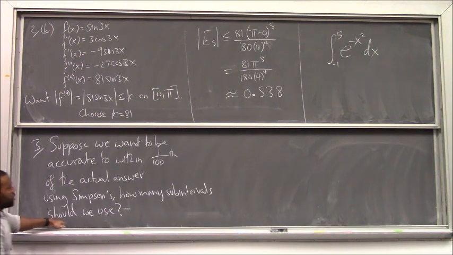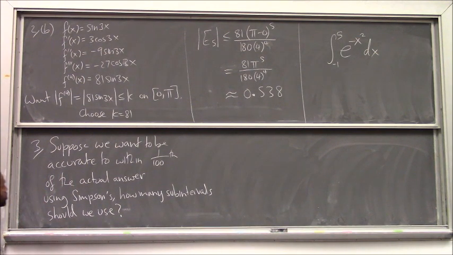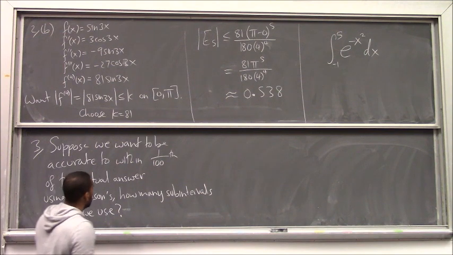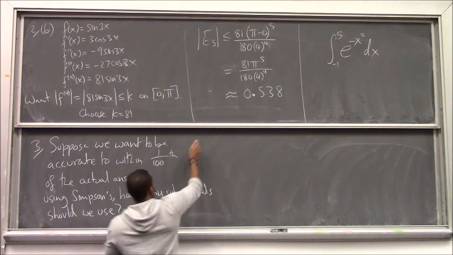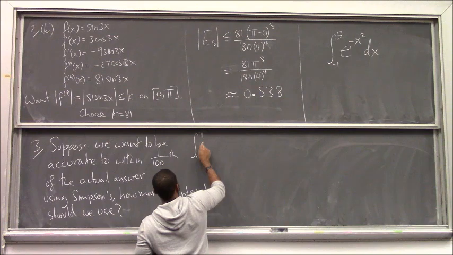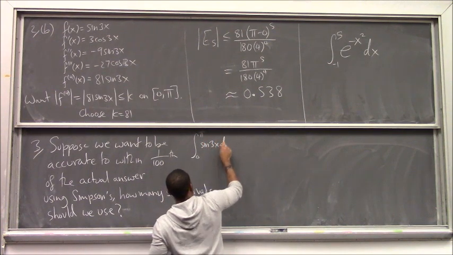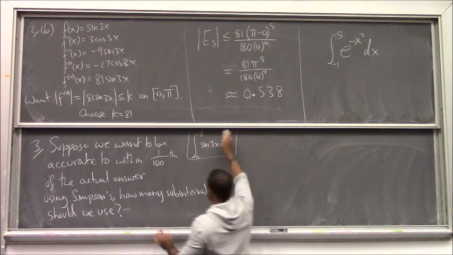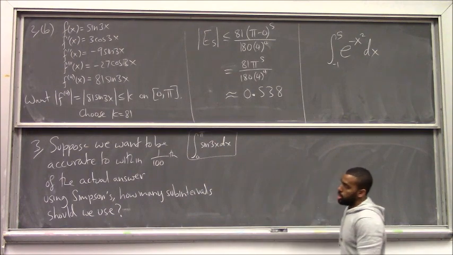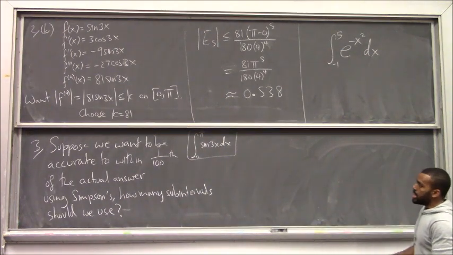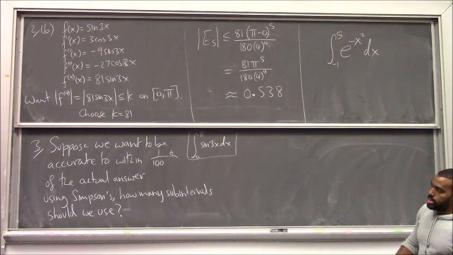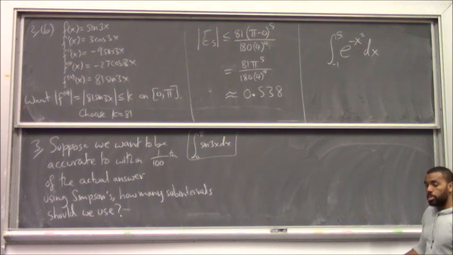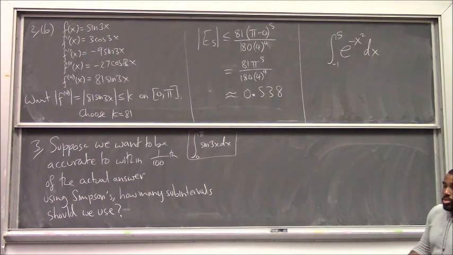Well, with a question like this, I want to approximate, so again, remember, we want to approximate the integral from 0 to pi of sine of 3x dx, right? Let's say I've chosen, you know what, it's very wavy. The guy that's going to give me the closest answer with the least number of subintervals is probably going to be Simpson's Rule, because using rectangles or trapezoids just doesn't make sense to me in this context.